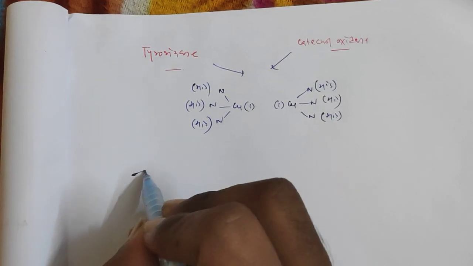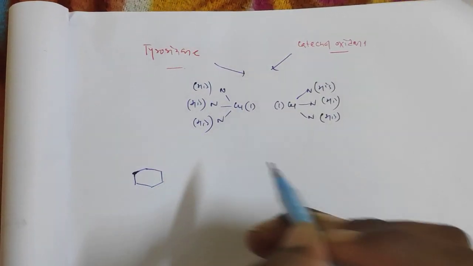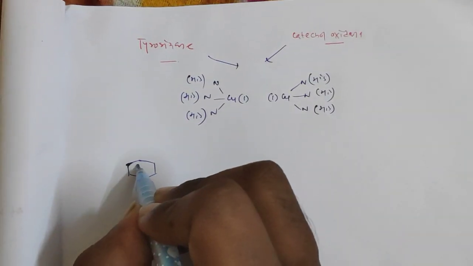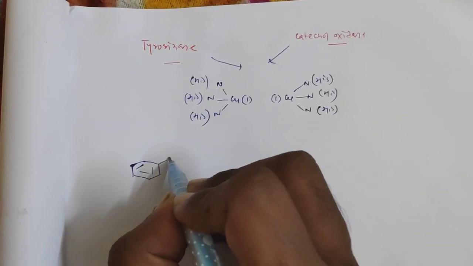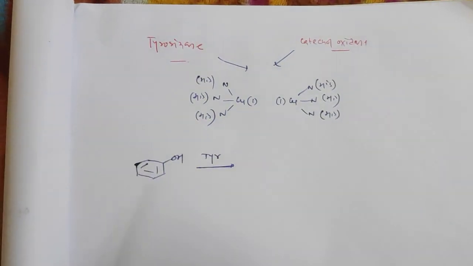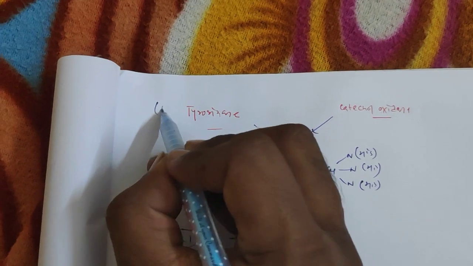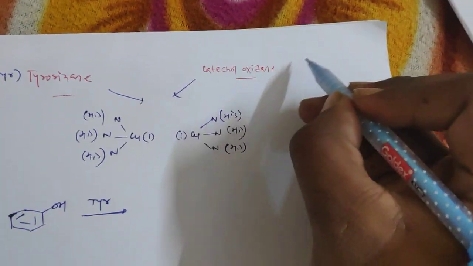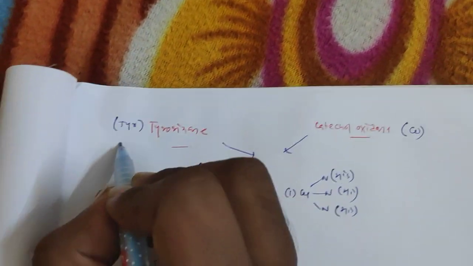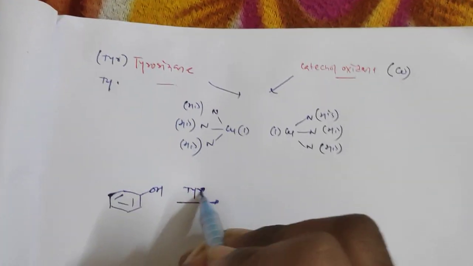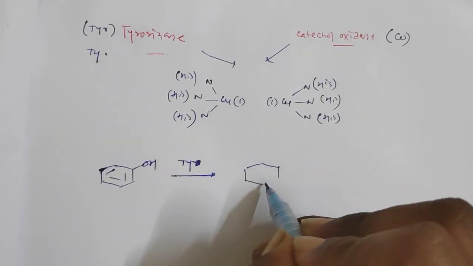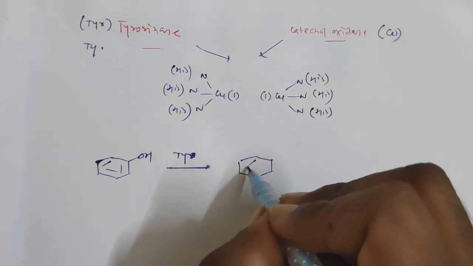Okay. So what is the role of the enzymes tyrosinase and catechol oxidase? They show enzymatic activities on two different substrates. Let's suppose this is phenol, and TYR means tyrosinase, and this is CO. The TY acts on the phenol and gives the hydroxylated product first.